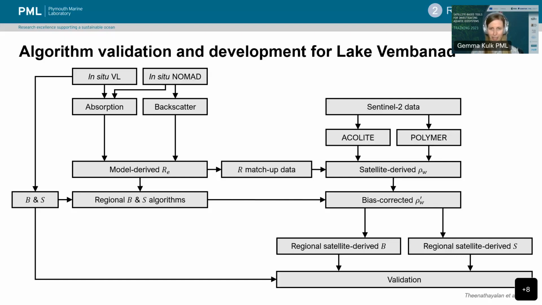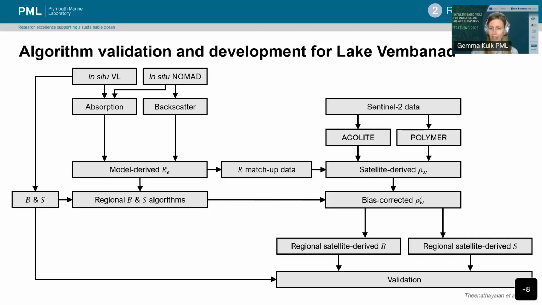In short, in situ measurements from Lake Vembanad and a database from NASA were used to model absorption and backscattering coefficients to obtain model-derived reflectances. These model-derived reflectances, together with the satellite match-up dataset, were used to correct satellite-derived reflectances, which were obtained from different atmospheric correction methods.